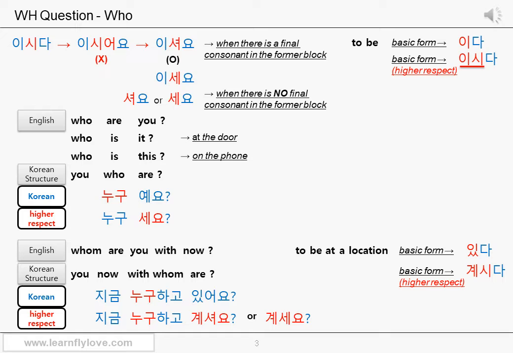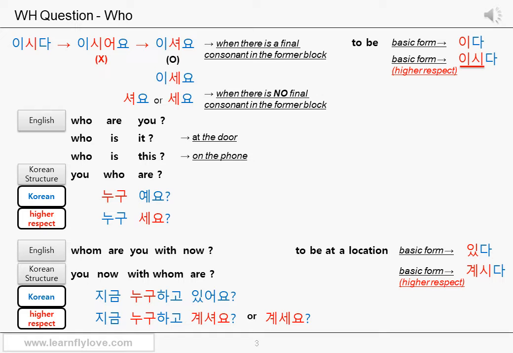So, you, now, with whom, are, you. We don't need this crap. Now, 지금, with whom. First of all, you need to spit out 누구, and your lips should move automatically and say 와, or 하고, or 랑, as soon as you see the preposition with.